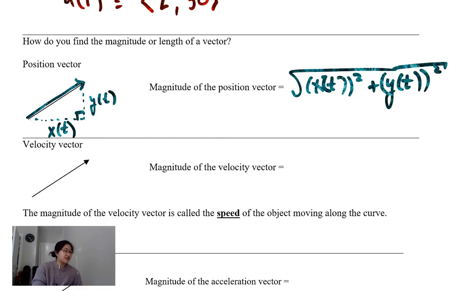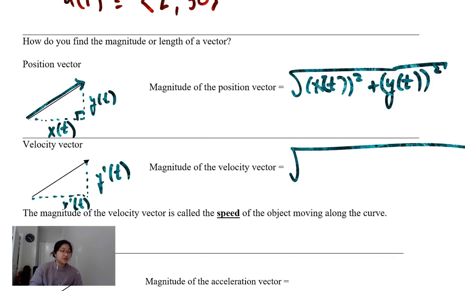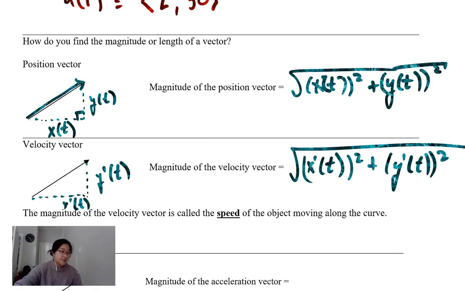What about your velocity vector? We talked about how this is the speed, right? But this is x prime of t and y prime of t. So our magnitude, which is the speed, is going to be the square root of x prime of t squared plus y prime of t squared. That's our magnitude of velocity, which is our speed.